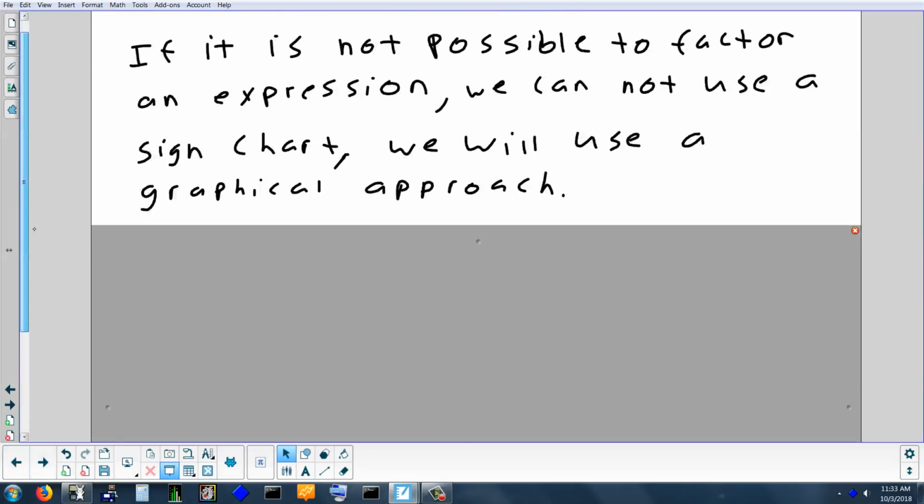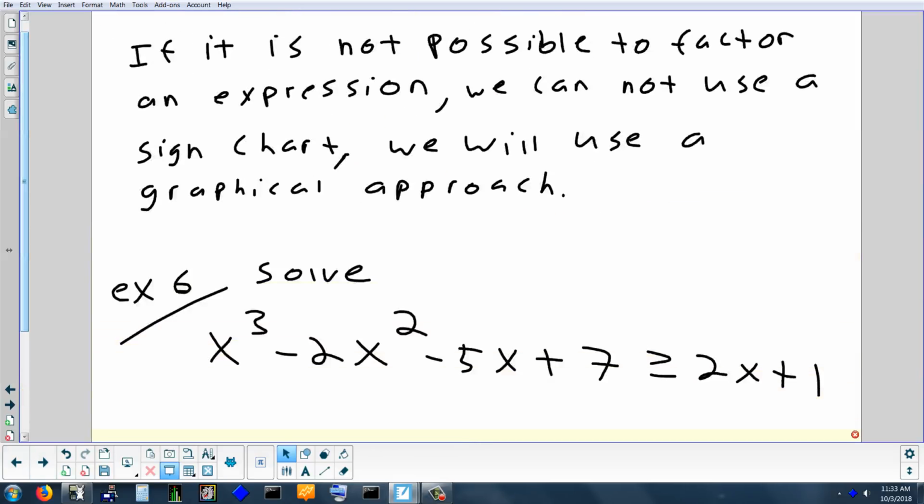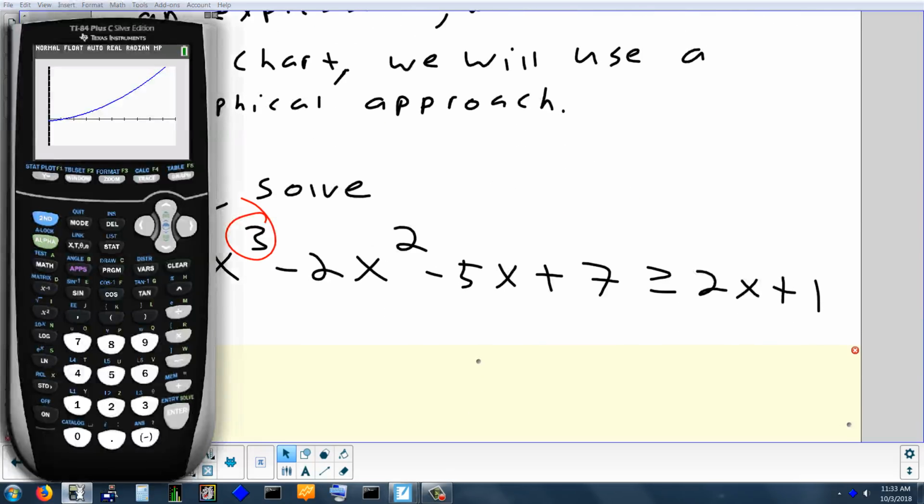So if you can't factor, we'll try graphing it. That's something that's too complicated to factor. It's got this cubic here, that's going to be hard. So we'll just graph it, and we're just going to look where one color is above the other. So let's just type it in.